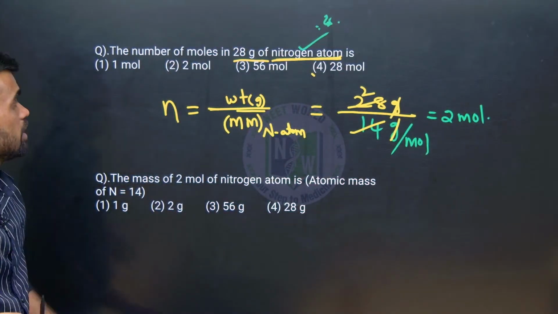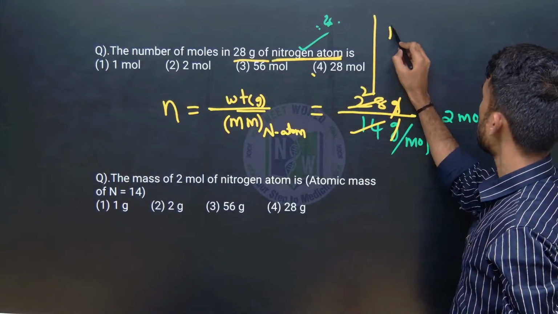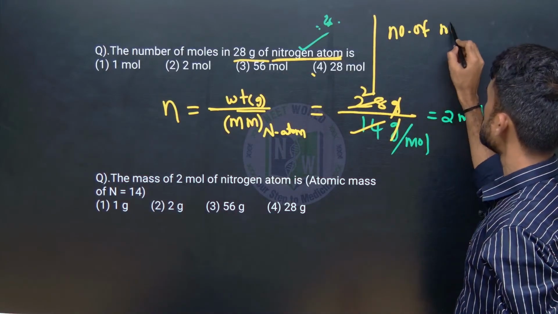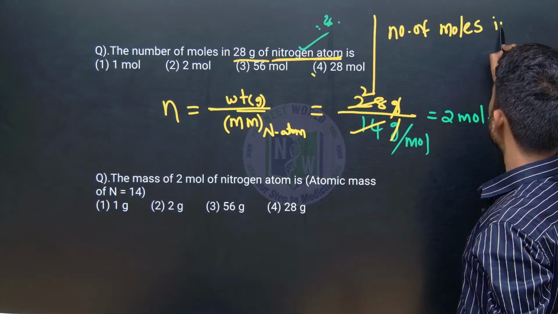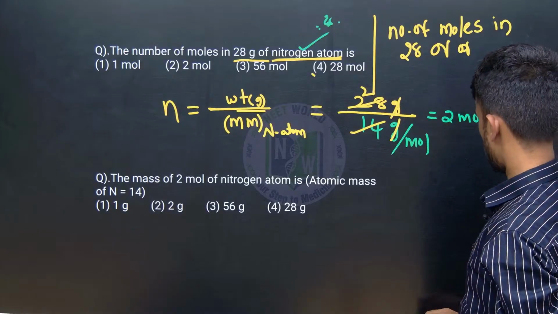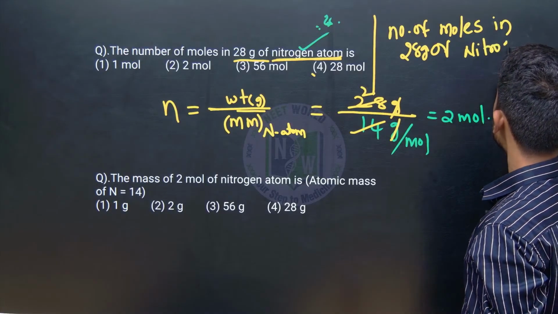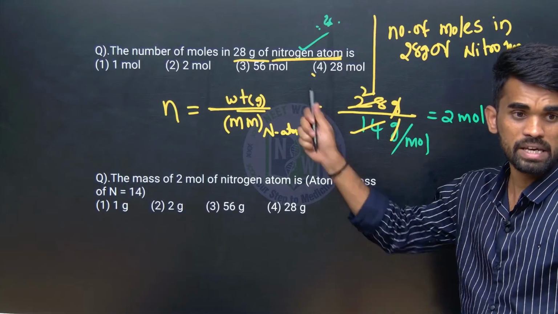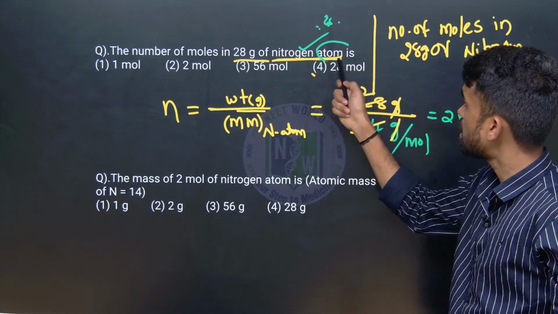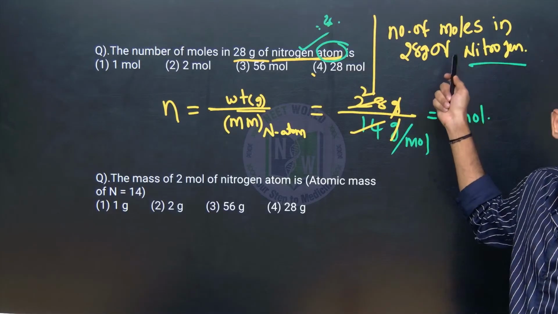Clear now? If the same question is asked like this: number of moles in 28 grams of nitrogen. This is different again. What makes the difference here? They mentioned atom before, here they just mentioned nitrogen. It means it is a diatomic molecule.